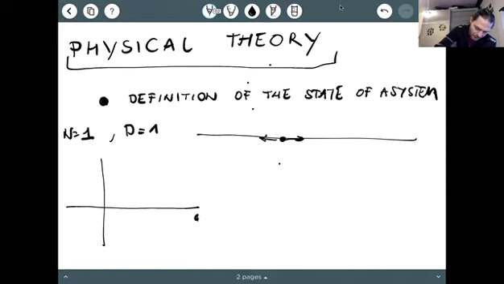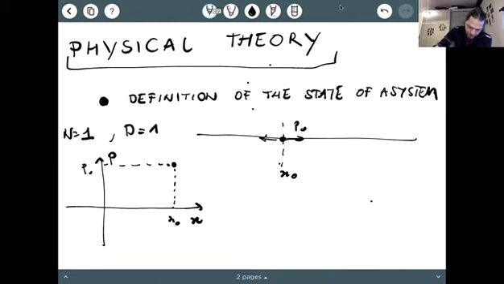I call it X, and I call it P. So a point in this is a particle with position, say, x0, and momentum p0. So for instance, if this is x0 and this is p0, it's a particle moving this direction.